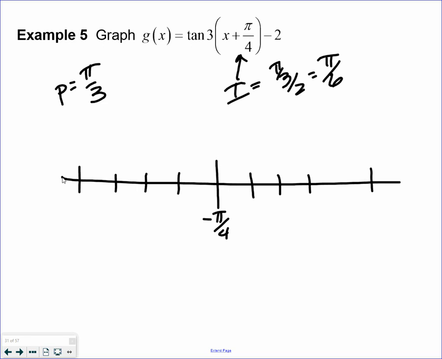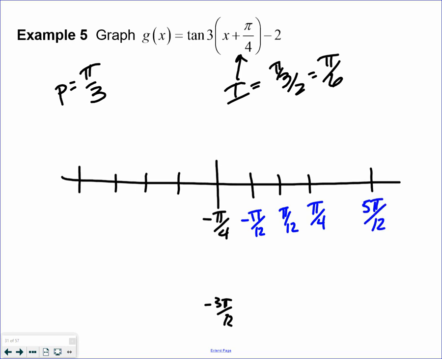So some people might actually have to go 3 pi over 12 and add 2 twelfths each time. If I add 2 twelfths, this would be negative 1 twelfth. If I add 2 twelfths, this would be positive 1 twelfth. If I add 2 twelfths, this would be 3 twelfths, and then 5 twelfths.